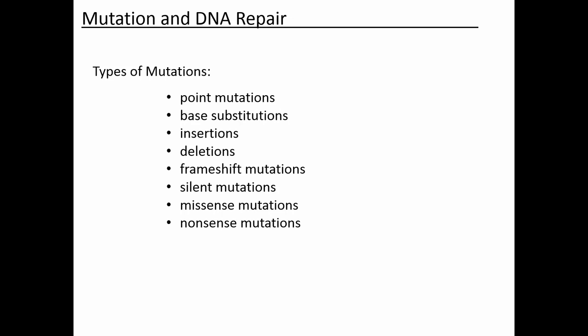And so basically, if that happens, you're going to stop prematurely making that protein, because once the ribosome reaches that new stop codon, it's going to stop at that stop codon and not continue. And so you're going to produce a shortened version of that protein that's missing some of the amino acids, depending on where the stop codon mutation happens.